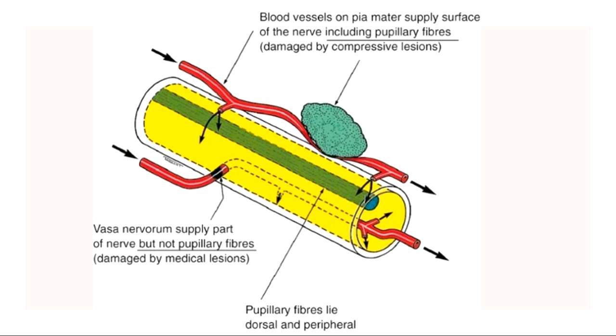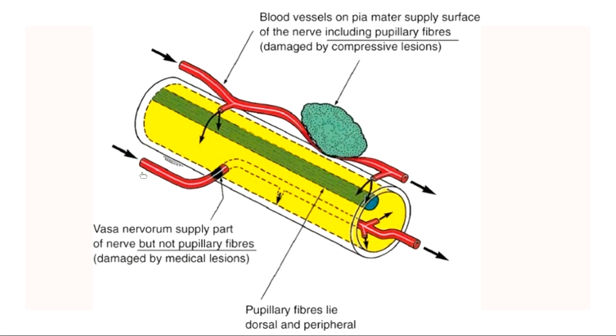Here's a pictorial of that. As I said before, your pupillomotor fibers are more superficial in the nerve, and therefore the blood supply is coming from the pial vessels. And if you have an aneurysm or a compressive lesion, then it's going to affect the blood supply to the pupillomotor fibers, and therefore you're going to have a pupil involving third nerve.